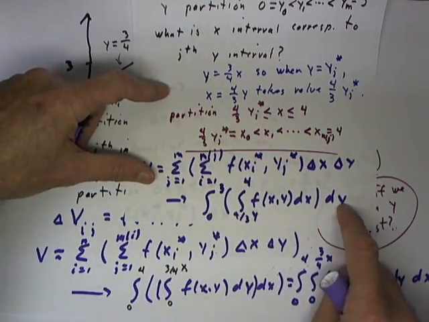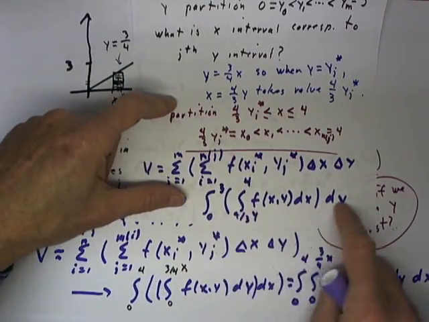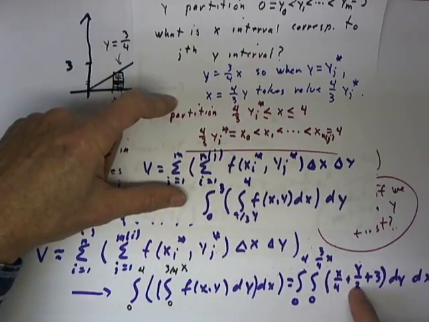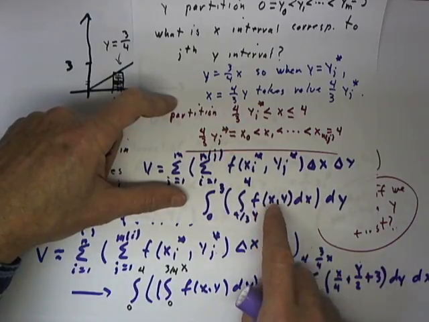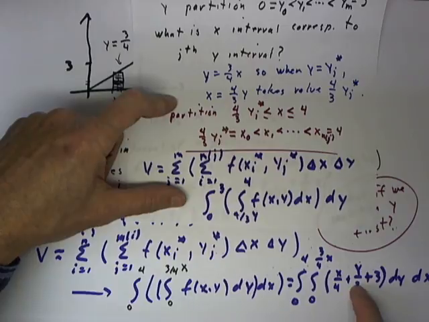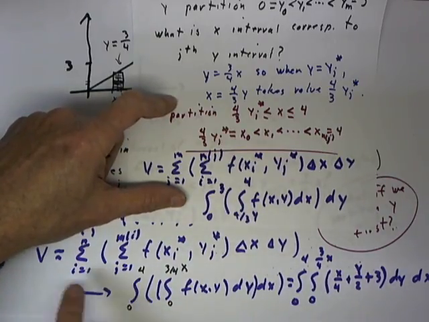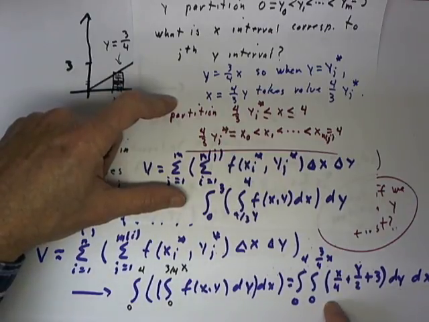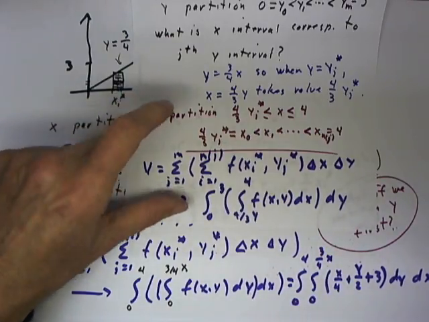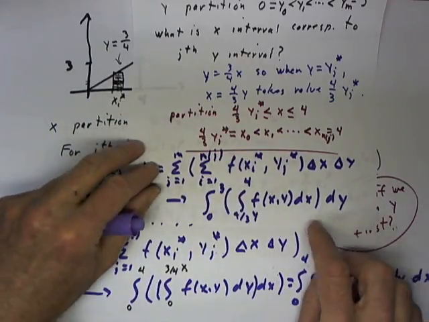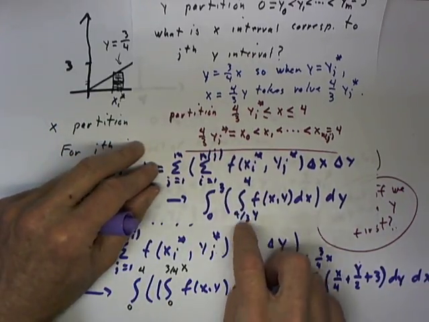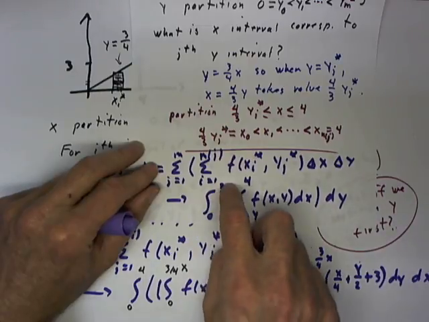We have this integral, and I don't have room in this sheet to write out the x over 4 plus y over 2 plus 3, but that's going to be the same here as it is here. But our limits look different. In this case, with the y integral going first, our y values go from 0 to 3/4 x, and our x values then go from 0 to 4. In this case, our x values go from 4/3 y to 4, our y values from 0 to 3.